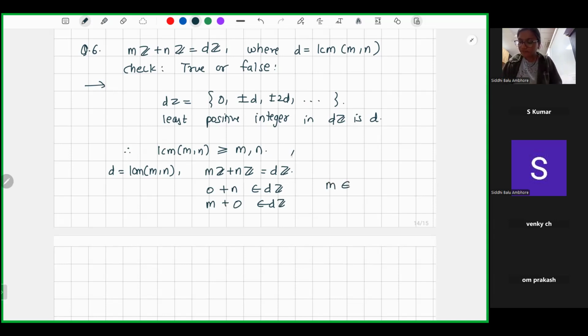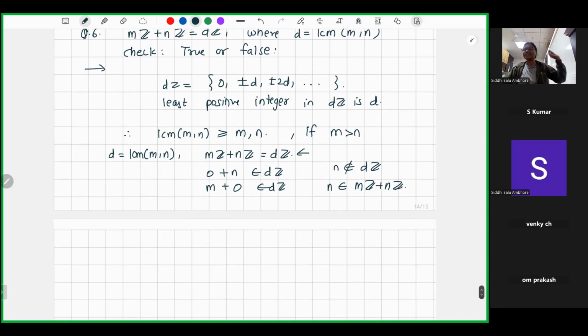If m is not equal to n, then one of them will definitely, without loss of generality, say n, not belong to dZ, but it will definitely belong to the subgroup mZ plus nZ. So n does not belong to dZ, but n belongs to mZ plus nZ.